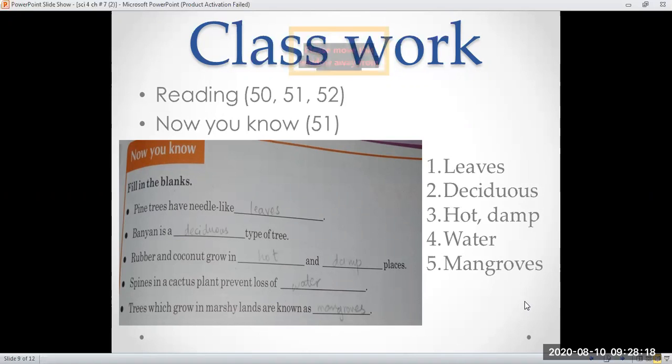Adaptations in aquatic plants. Aquatic plants are of three types: floating plants, fixed plants, and underwater plants. Floating plants. Some plants like water hyacinth and duckweed float on water.